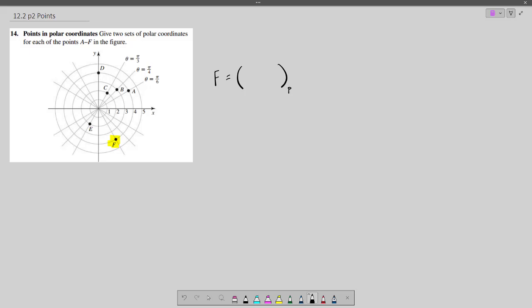Sometimes we'll put a little p down here to emphasize that it's polar. It's usually obvious from context, but you could put a p there to make sure. Remember that in polar we do r comma theta. That's the order that we use.